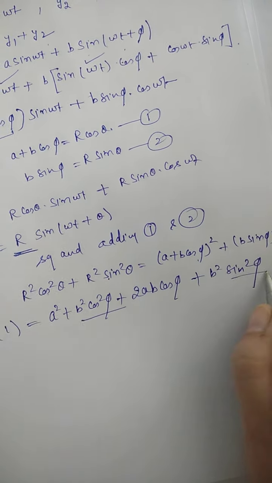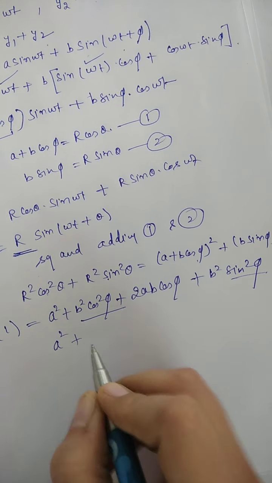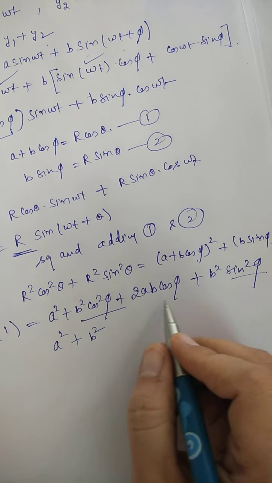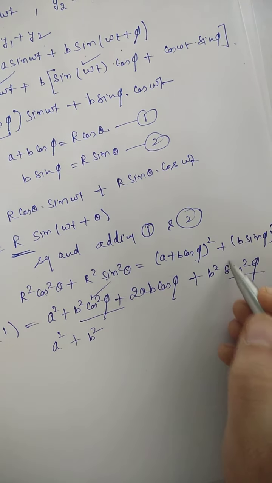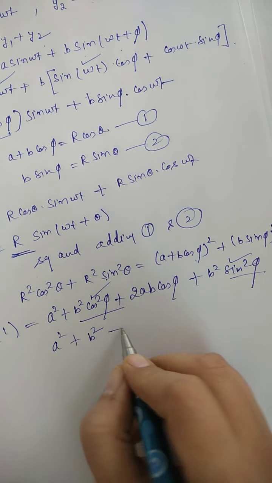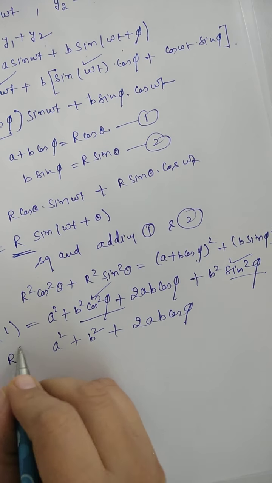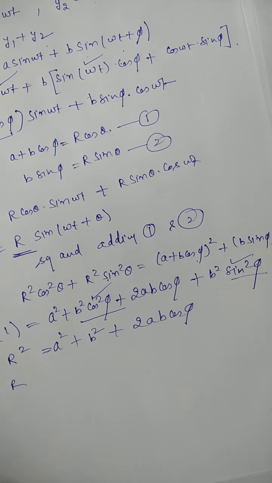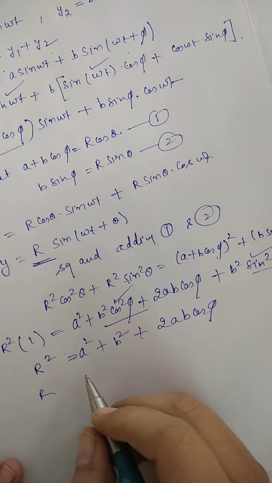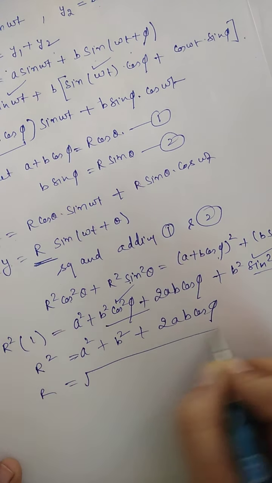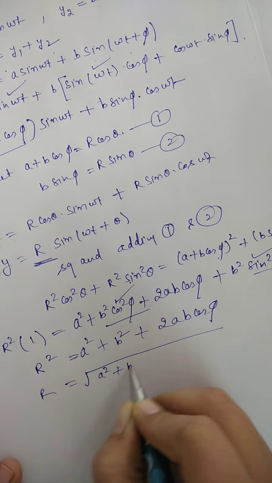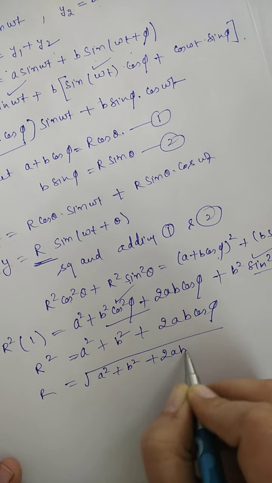Now combine these two terms. This becomes A square plus B square (cos square phi plus sin square phi), which is B square into 1, plus 2AB cos phi. This is the resultant R square, so R is equal to the root of A square plus B square plus 2AB cos phi.